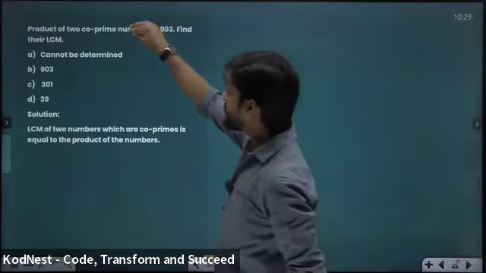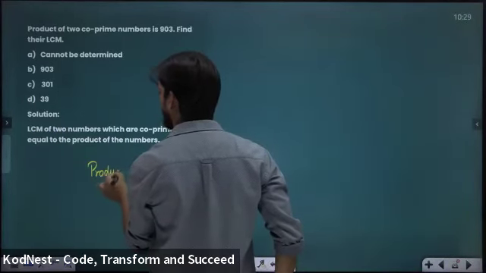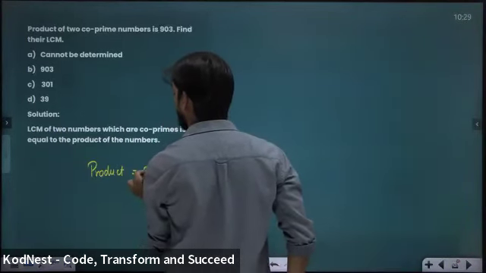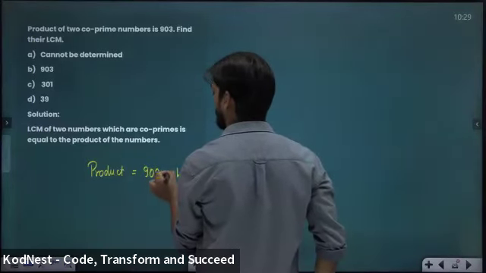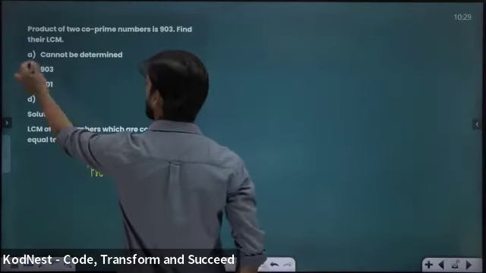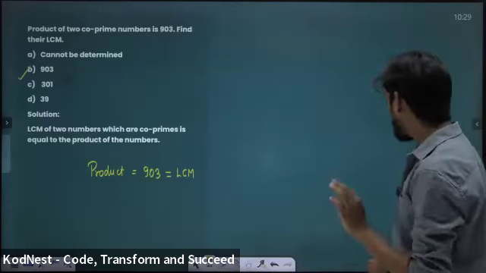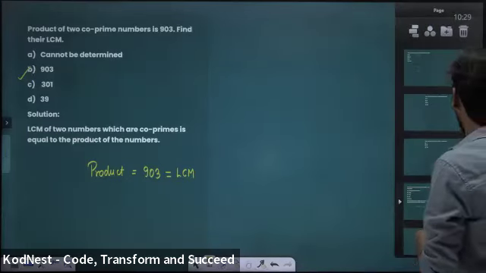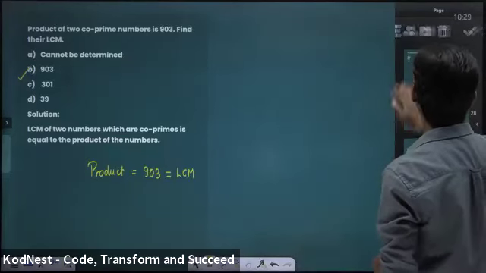So LCM equals product whenever the numbers are coprime. So if product is given as 903, that product is your LCM also. So LCM is 903. Okay. So this is how you have to identify in certain cases wherever coprimes are there. All right.